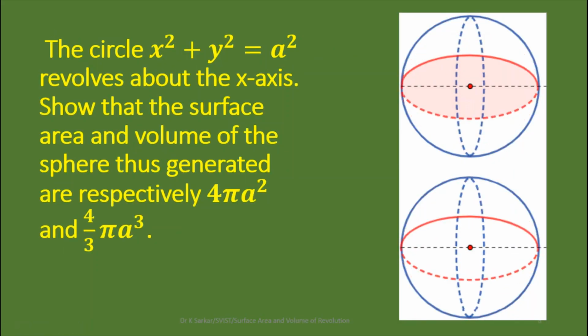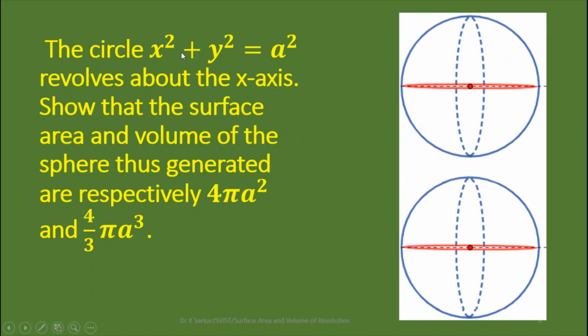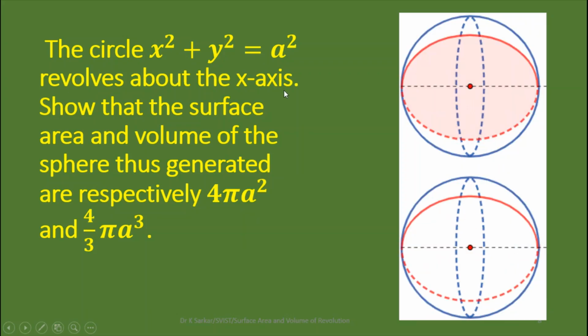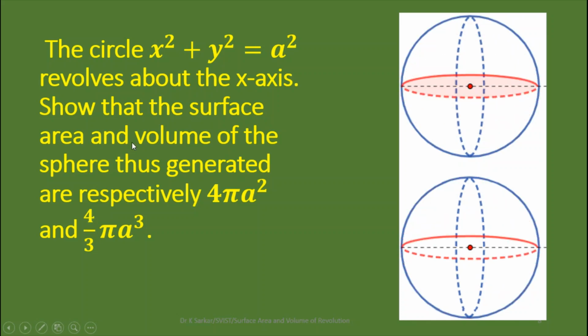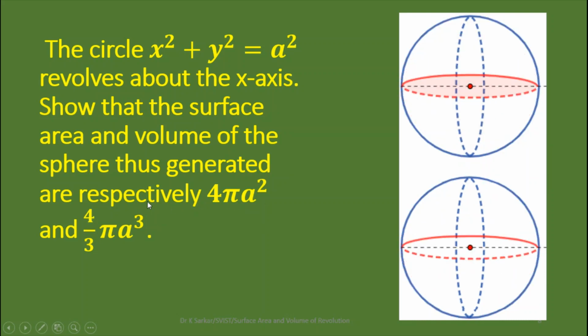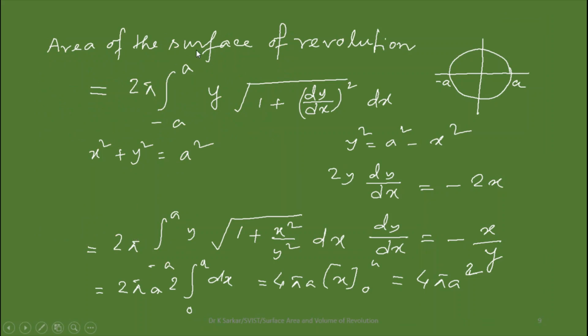Here is a question. The circle x square plus y square equals a square revolves about the x-axis. Show that the surface area and volume of the sphere thus generated are respectively 4 pi a square and 4/3 pi a cube. Let us take the formula of surface area, that is 2 pi integration y square root of 1 plus (dy/dx) whole square dx.